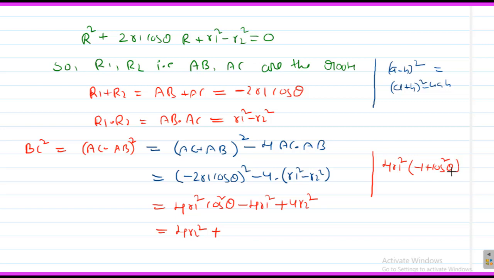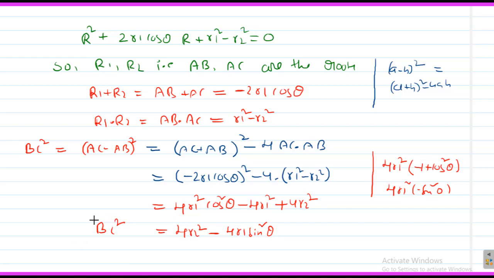Minus 1 plus cos square theta means what? That is minus sin square theta. So that one I want to write here: minus 4 r1 square sin square theta. This is the value of BC square.